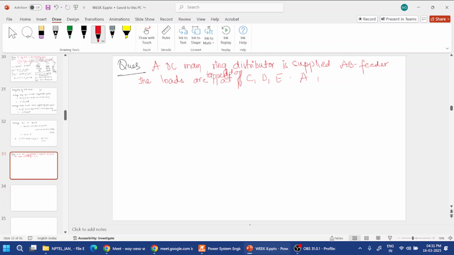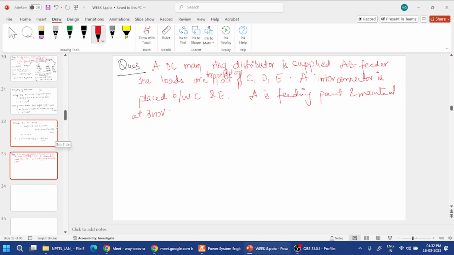An interconnector is placed between points C and E. A is the feeding point and is maintained at 300 volt.